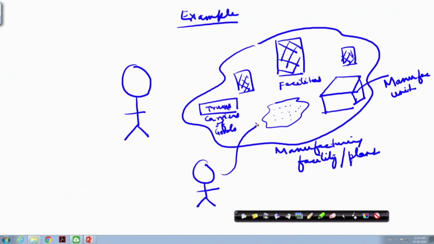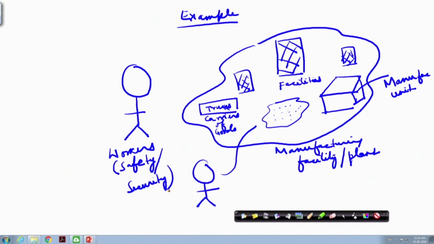So, we have these different workers, and it is very important to ensure that these workers are safe and secured.